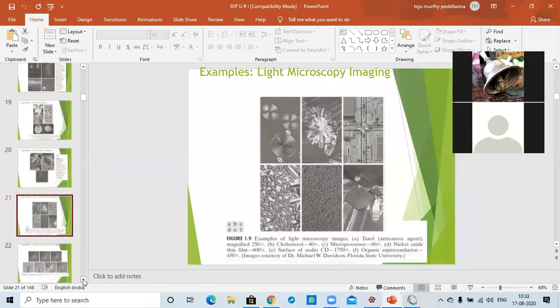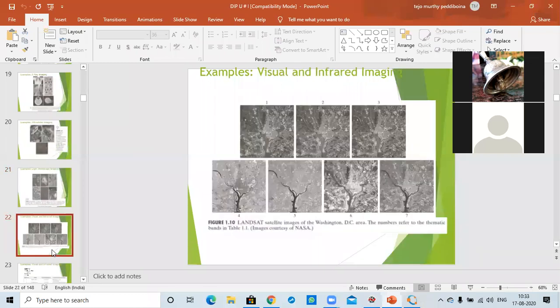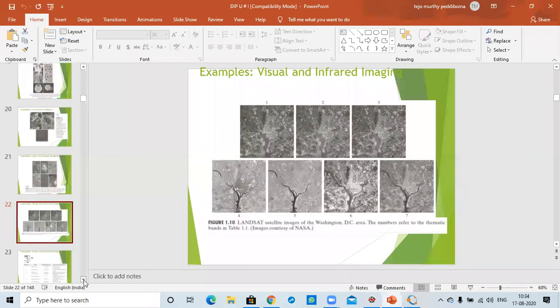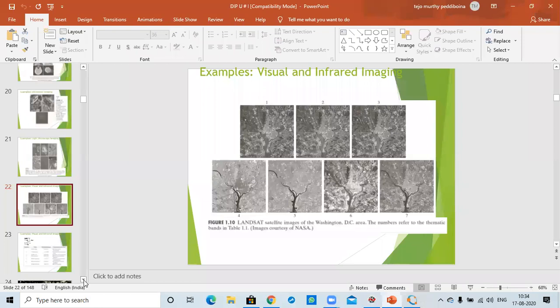So that means what I am going to explain you is, there are different sources of the images. It may be visual and infrared, or gamma rays, or whatever it may be. Satellite images are there, X-ray images. So if you think that the image processing is used only for entertainment purpose, it is not correct.